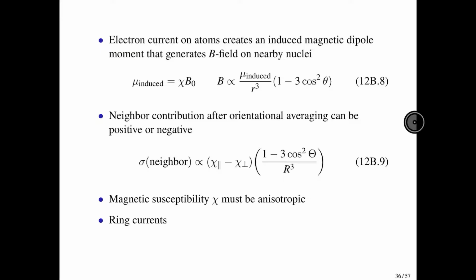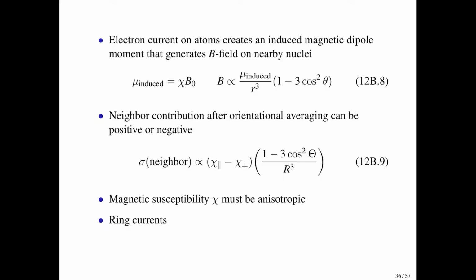We'll move on to the next contributing factor to sigma. This slide deals with the neighbor contribution. And so what can happen here? You have the nuclei of interest, and then it's connected nearby. There's a neighbor where electrons within that atom on that neighbor will start circulating due to the applied magnetic field.